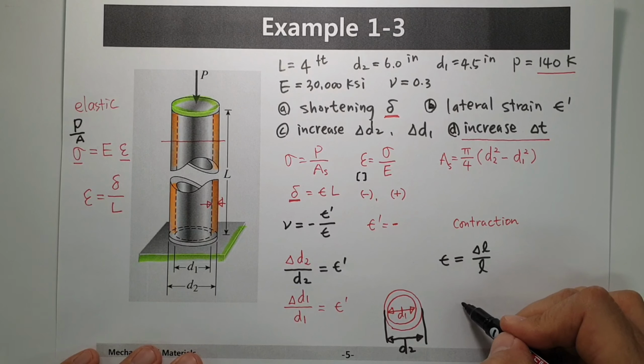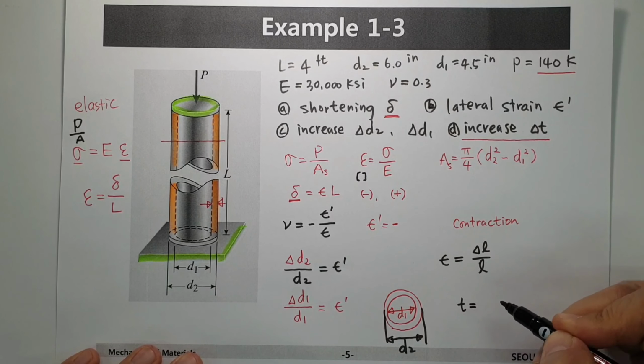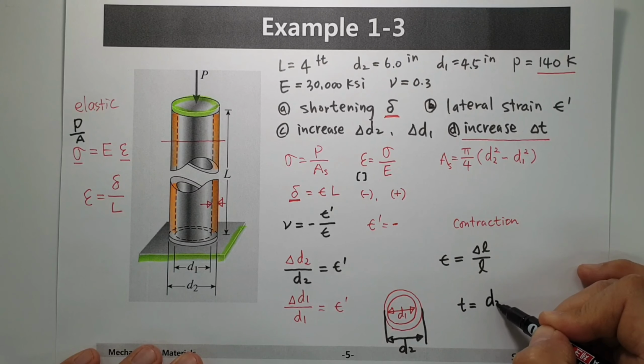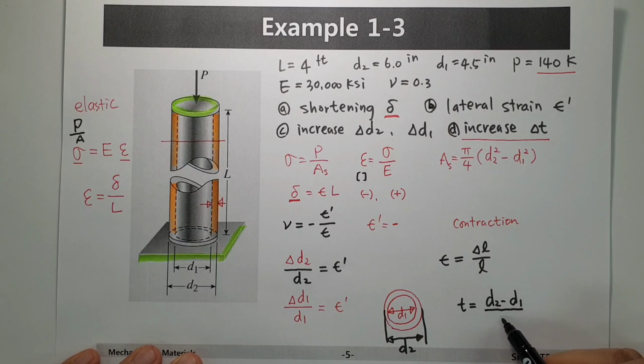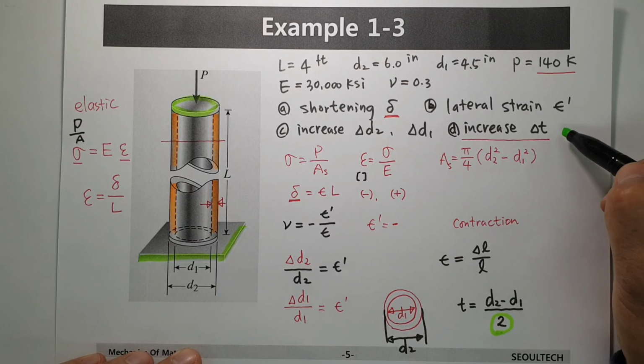Then thickness, when you consider about thickness, is what? D2 minus D1, over 2. Main focus is this value. Don't forget this one. Then finally, we can get increase in delta T.